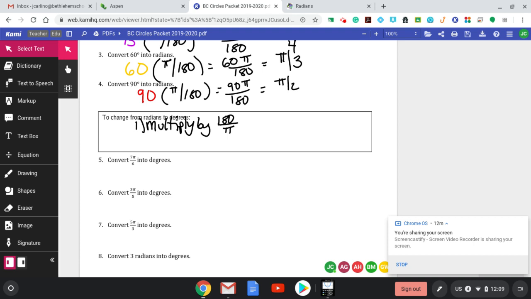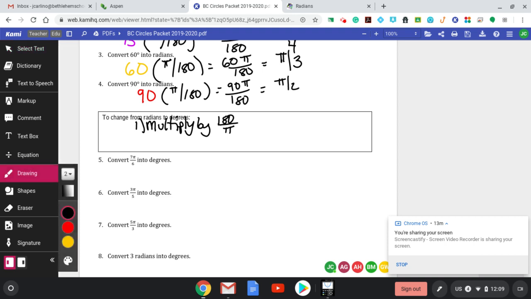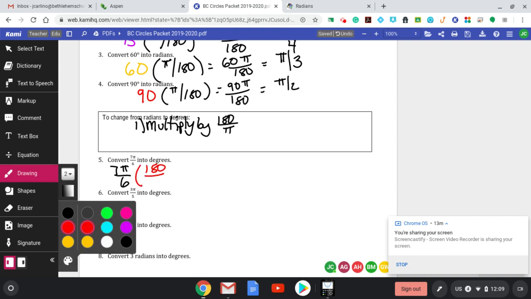And then just like we did before, you don't need to reduce anything here. There shouldn't be a fraction to reduce. Okay, all right, so here we go. If I have 7 pi over 6 radians on number 5, I'm going to multiply that by 180 over pi.